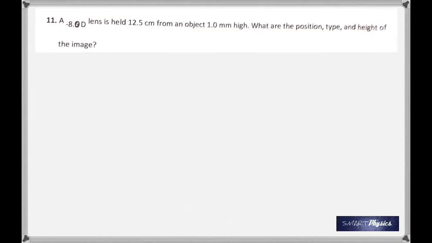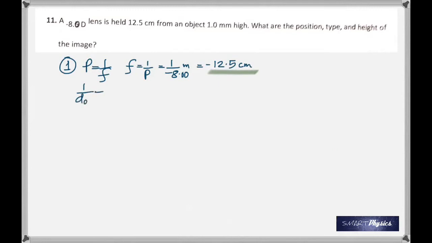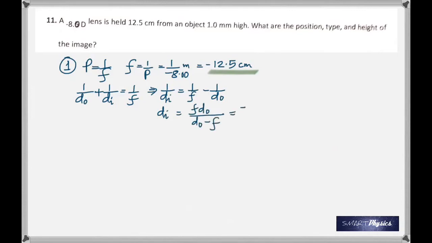Now, in this question, the power of the lens is given. Remember that whenever the power of the lens is given, it is the reciprocal of the focal length in meters. So use that to find the focal length, and then use the lens equation to find DI.